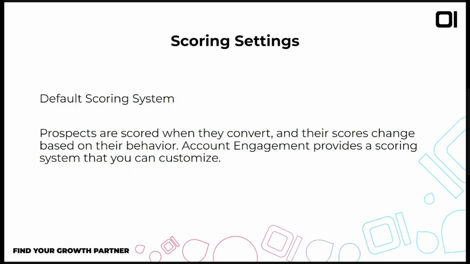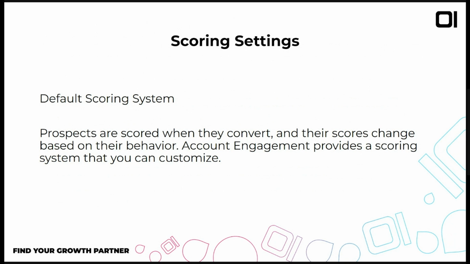So first, the scoring settings. There is a default scoring setting in your account engagement. I would not discuss this in a deeper sense, but it's important that we all know that there's a default scoring system.